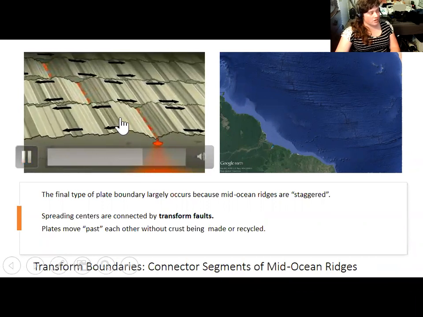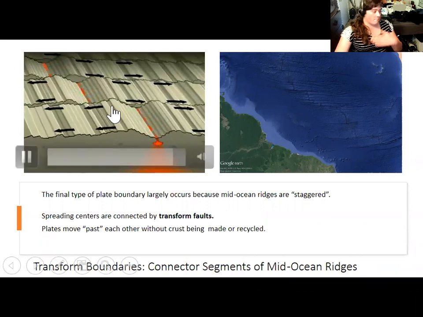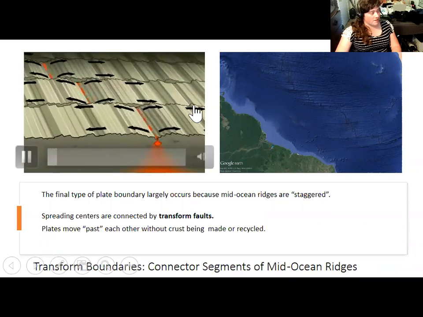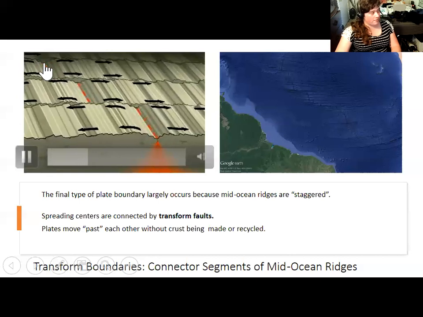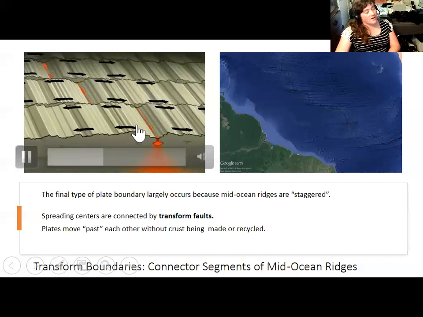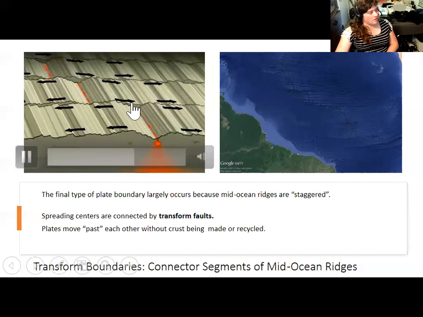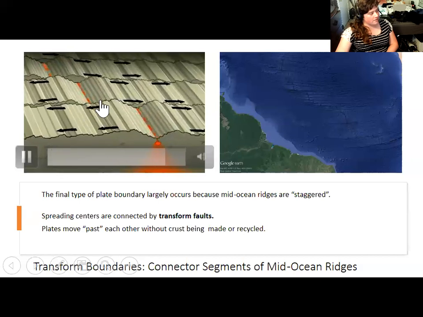This is the mid-ocean ridge, and there are arrows showing that the crust on this side is moving to the left, and the crust on this side of the segment is moving to the right. Now, you'll see there are multiple segments that are kind of staggered, and there are these little horizontal parts that connect the segments.